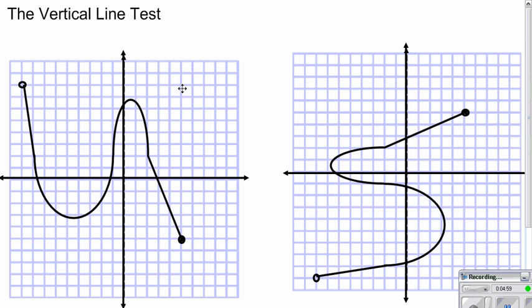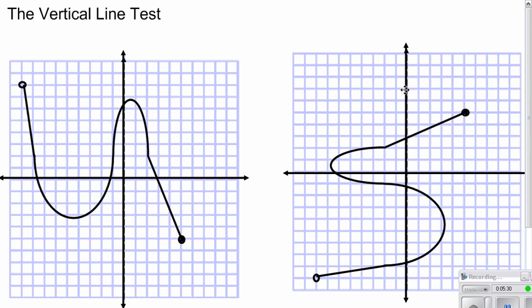So what that exactly one output means is the vertical line test. If you can draw a vertical line and imagine dragging it all through your graph of your function, if at every point it only touches one part of the graph, then it's a function.